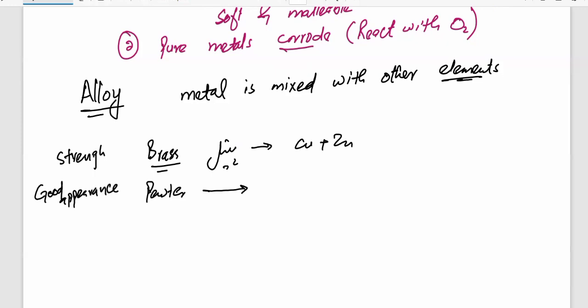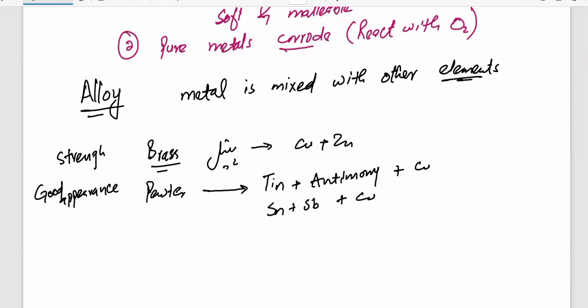What is pewter made up of? It's made up of tin, antimony, plus copper. Tin we say Sn, antimony Sb. These are the symbols, and copper.